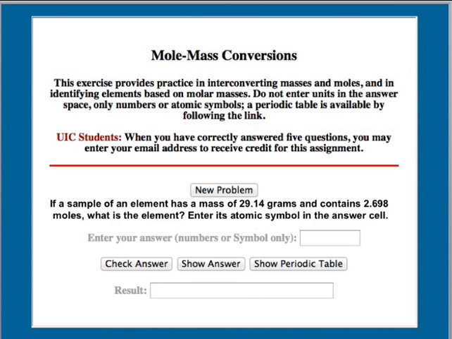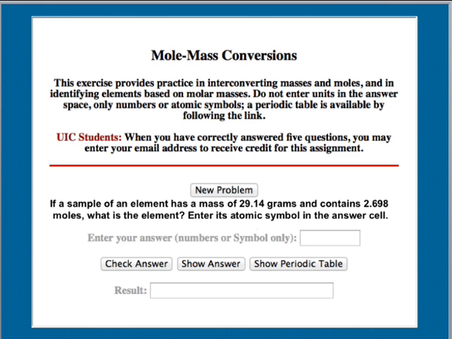Now this one is just a cute variation on this. Every now and then you'll get one of these come up. We have a sample of an element. The mass is 29.14. I tell you that this is equivalent to 2.7 moles of the element.